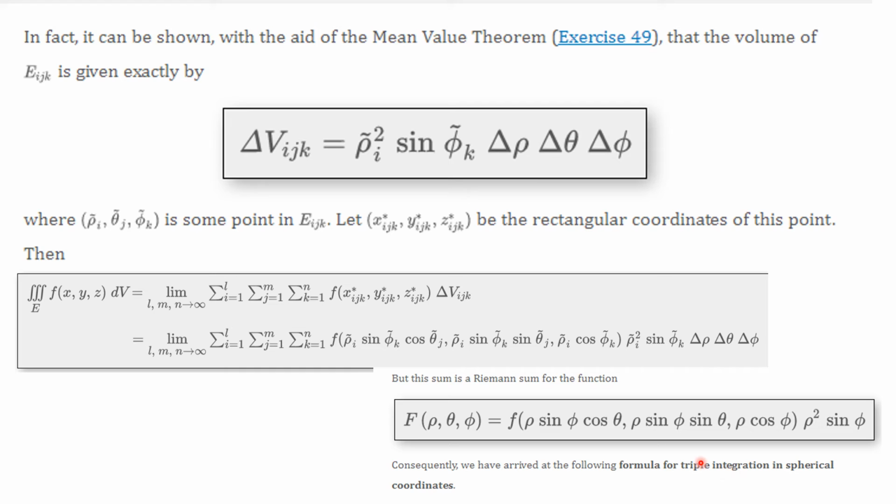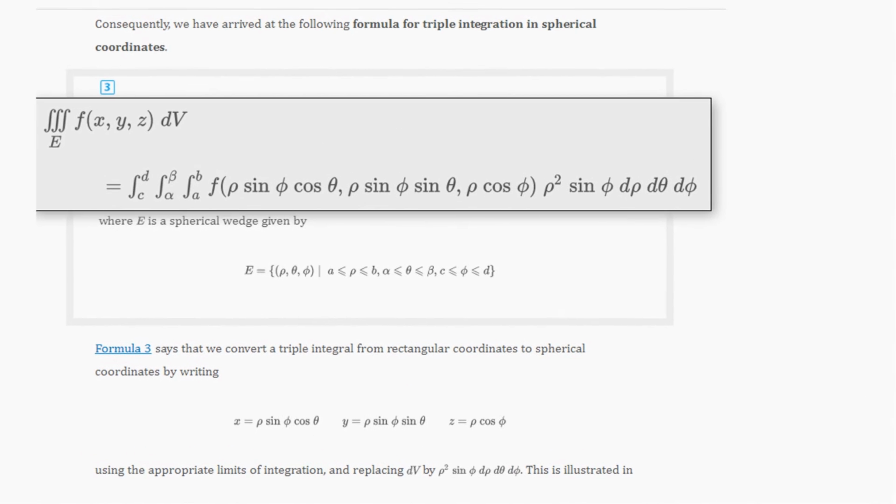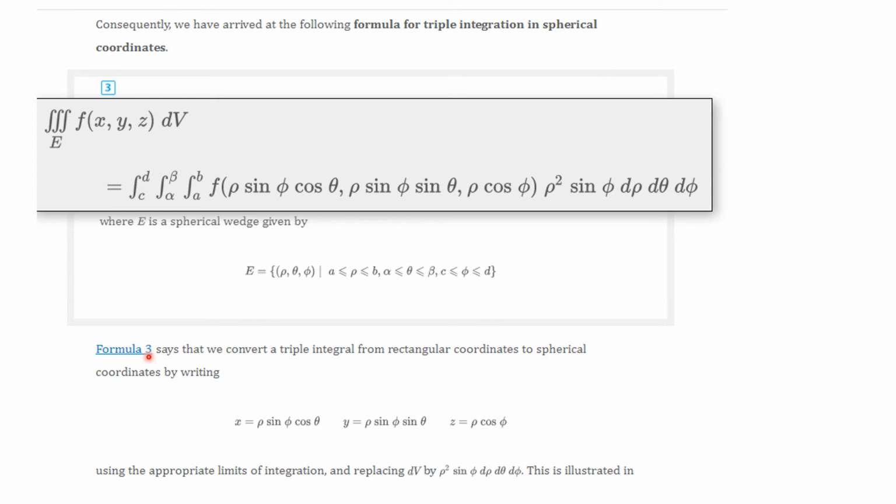And that's what we have. Notice that the volume element comes along with it, and so dV ends up being represented in this way also. It is rho squared sine phi, and then d rho, d theta, d phi whenever we integrate. I'm going to say it better here.